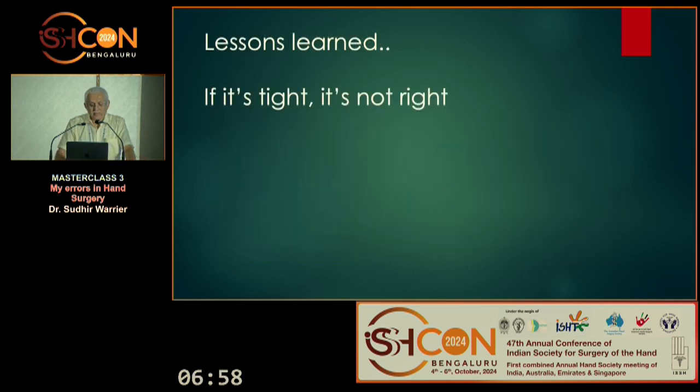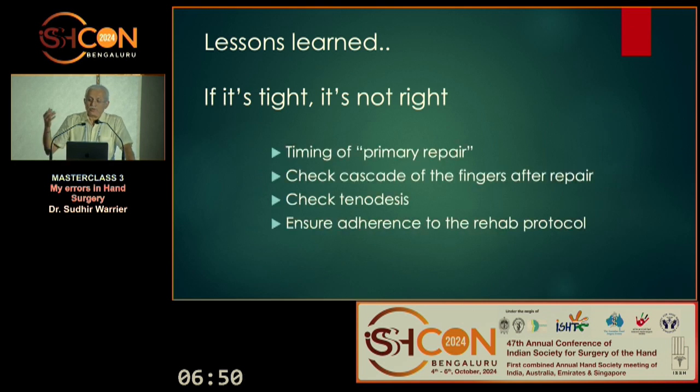And the lessons that I learned are that if it's tight, it's not right. When it's a delayed union, be careful, check the cascade, you should have done grafting probably at the first stage. The second thing was that this fellow was a seafarer. Trying to catch these guys, get them through rehab is always a big, big task.